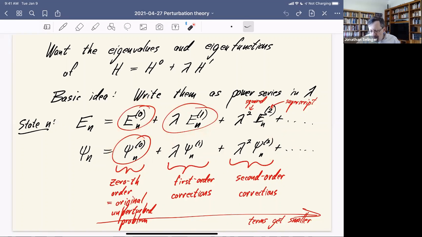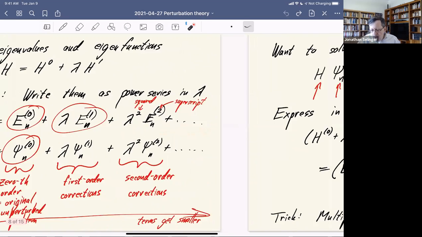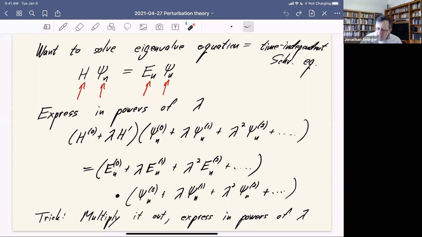In order to do that, we set up the time-independent Schrodinger equation, the eigenvalue equation: the Hamiltonian acting on the eigenstate equals the energy eigenvalue times the eigenstate. Everything in this equation can be expressed as a power series in powers of our small parameter lambda.